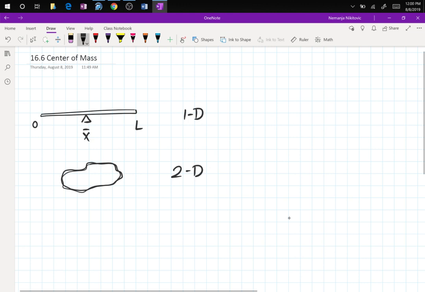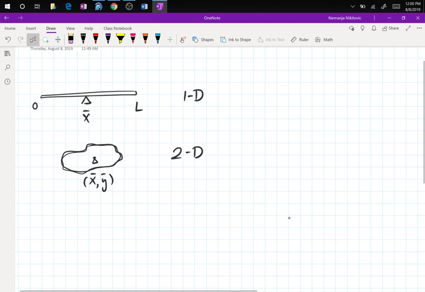Whatever you have that is extremely thin for its size, these are all 3D objects, but they can be regarded as a 2D object. So now you're going to have a point somewhere where you will be able to balance it, and that point would be x bar comma y bar, because that's the only thing that counts.